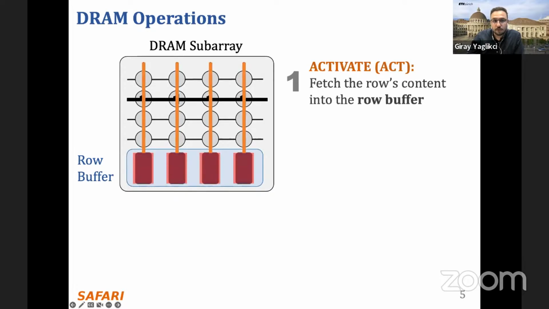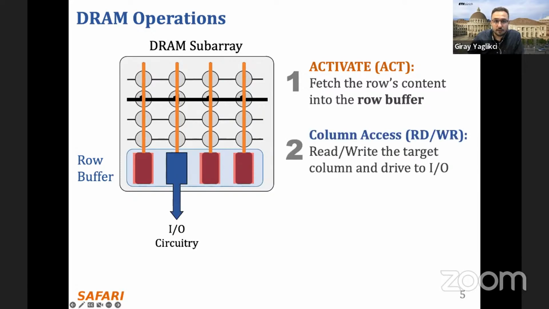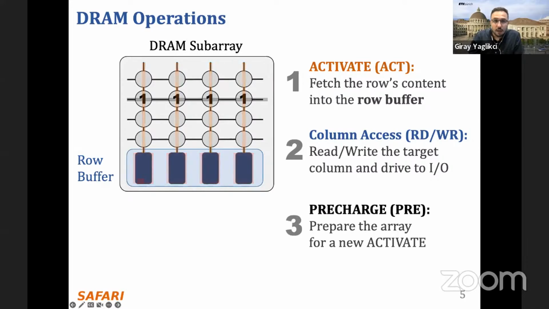We first activate the row, or in other words, we fetch the content of the row that contains the data we want to access into the row buffer. Then we perform some column accesses for reads and writes, and these are serviced from the row buffer. Then, in order to access data in another row, we need to precharge the bank, meaning that it closes the row and prepares the array for the next row activation.